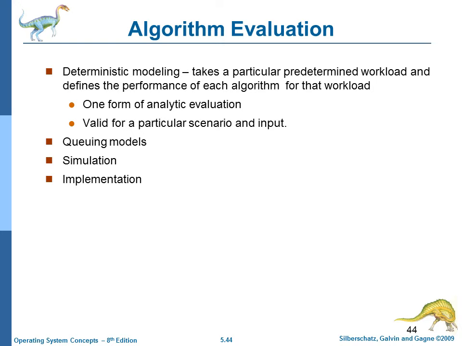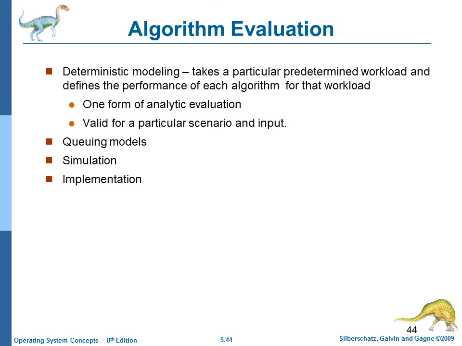If I have 5 processes, process number 1 needs 10 milliseconds, process number 2 needs 29 milliseconds, process number 3 needs 3 milliseconds, process number 4 needs 7 milliseconds, and process number 5 needs 12 milliseconds, with all the processes arriving at time 0.